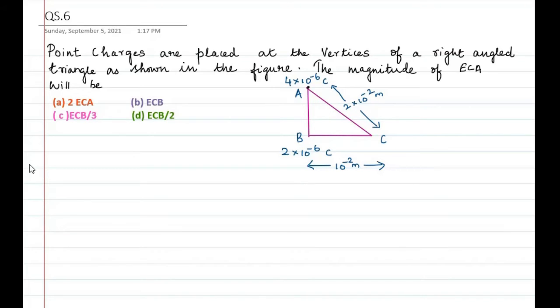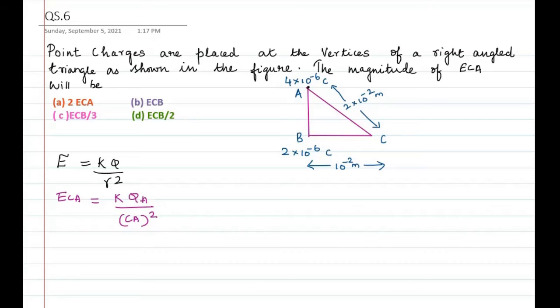So we know the formula, electric field is equal to K into Q divided by R square. They asked what will be the magnitude of ECA. So the magnitude of ECA is equal to K into QA divided by the distance CA the whole square.